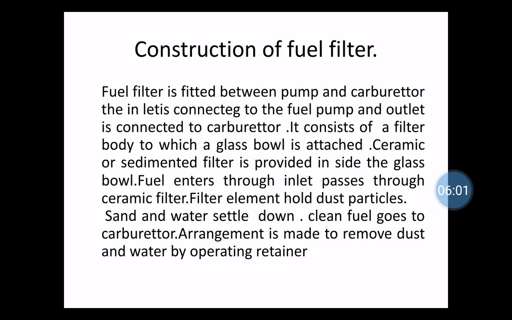The fuel filter is fitted between the pump and carburetor. The inlet is connected to the fuel pump, and the outlet is connected to the carburetor. It consists of a filter body to which a glass bowl is attached. A ceramic or sediment filter is provided inside the glass bowl.